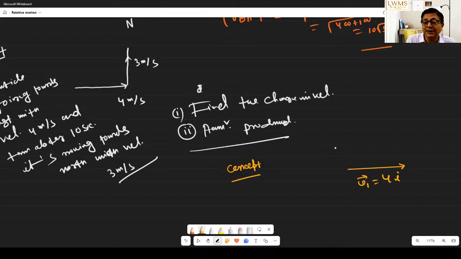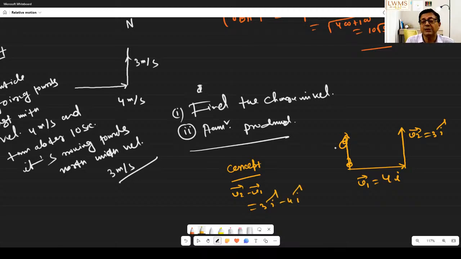Am I correct? What is V2? This V2 I will be taking from here. Okay? Or okay, you don't take here. If you are confused, you take it here only. What is this V2? Tell? 3j, because it is along the y-axis. So V2 minus V1 is what? 3j minus 4i.